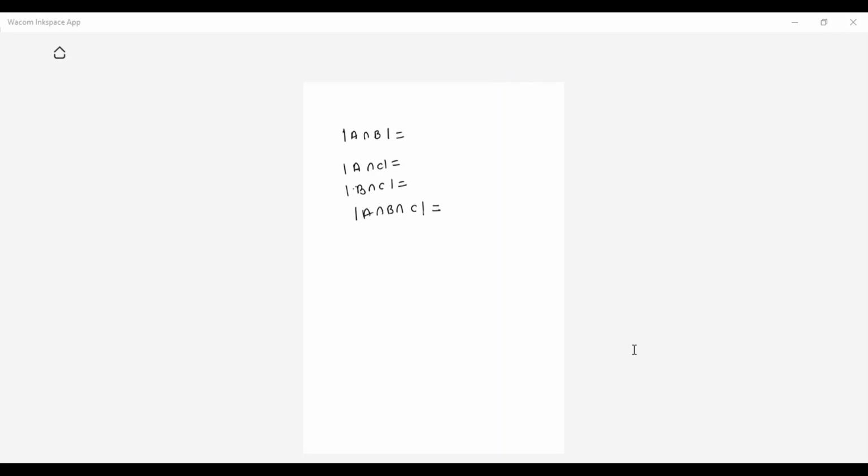Okay. So the cardinality of A intersection B is 66. Very good. Arya, Mangesh, Purnesh. Okay. A intersection C is 47 and B intersection C is 28.